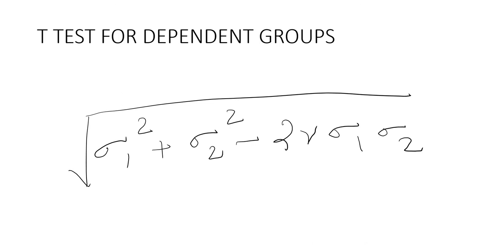Fine, easy. For the t-test for dependent groups, there is a correlation between the samples. Then you can go for this equation: root of sigma 1 square plus sigma 2 square minus 2r sigma 1 sigma 2, where r is the correlation, because these are dependent groups. Sigma 1 and sigma 2 are the standard deviations of the first group and second group respectively.